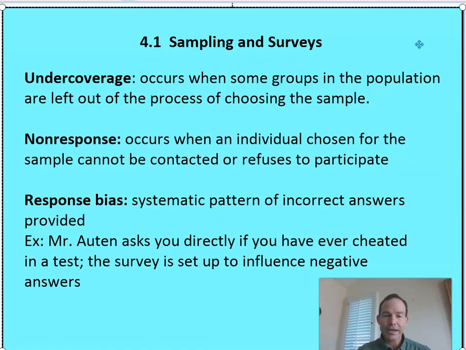So response bias is a way of skewing the data by inappropriately asking the questions, both in terms of the way that they're asked, the person who is asking them, and the timing of the request.